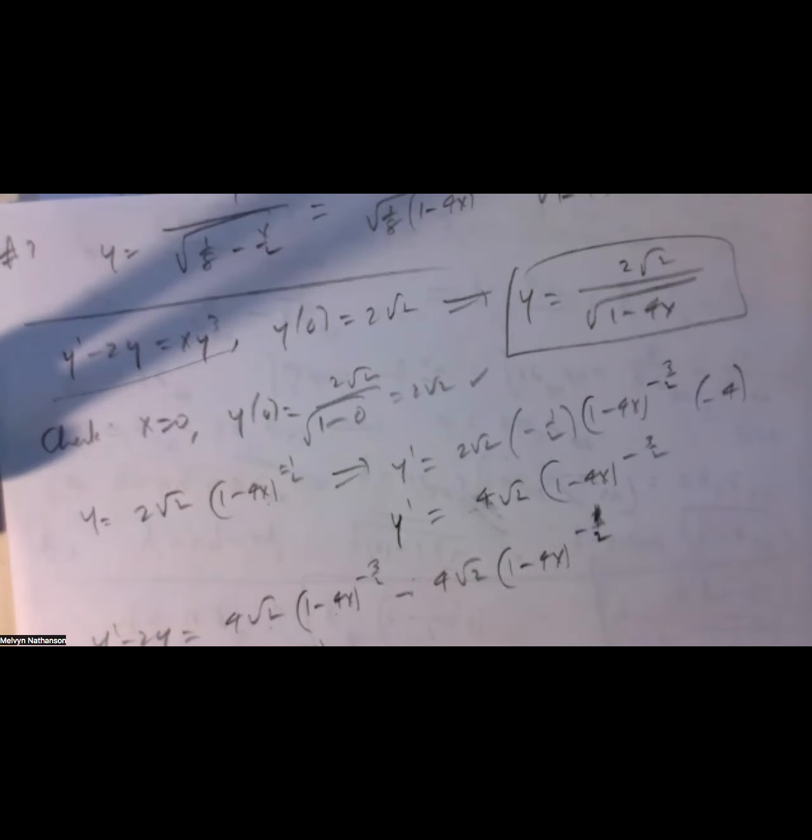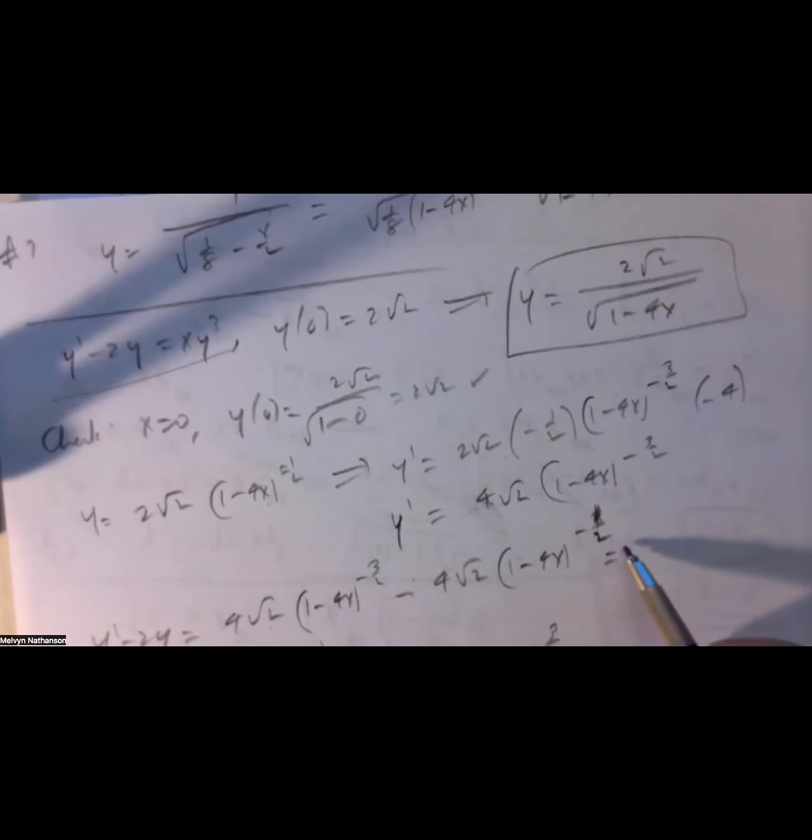So this is equal to x, I have a 1 minus 4x to the minus 3 halves, 2 root 2 cubed. I'll just write this as x, 2 root 2 cubed. Let's see.